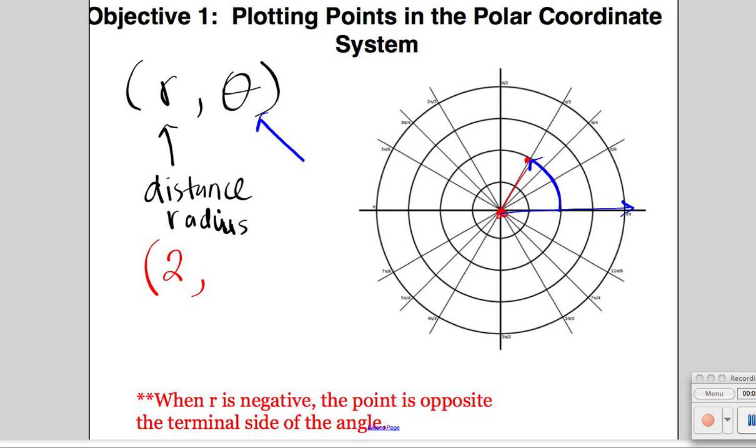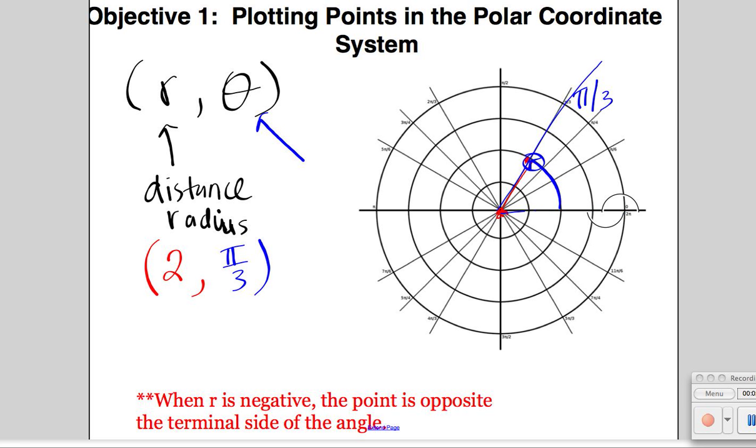Theta will be this angle that opens up to the ray that will contain r. So it tells us how far to open up from the axis. In this case, our theta would be pi over 3. So the coordinates of this red point that I started with are 2 comma pi over 3.